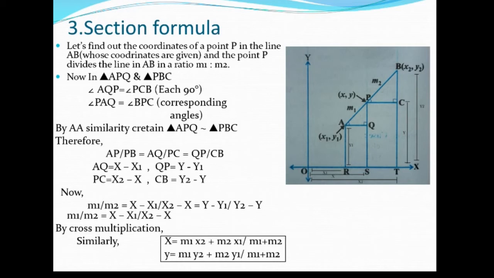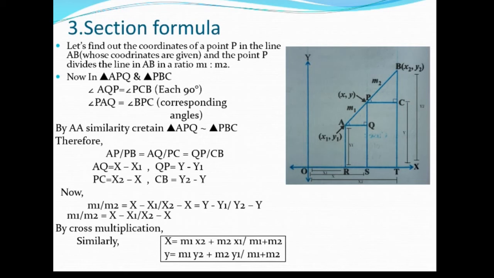As you can see in the figure, we at first construct two triangles AQP and PCB, and by the AA similarity criterion we make the two triangles similar. And as we know, if two triangles are similar, then the ratios of the corresponding sides of the triangles will be equal. From this we can easily get the section formula.